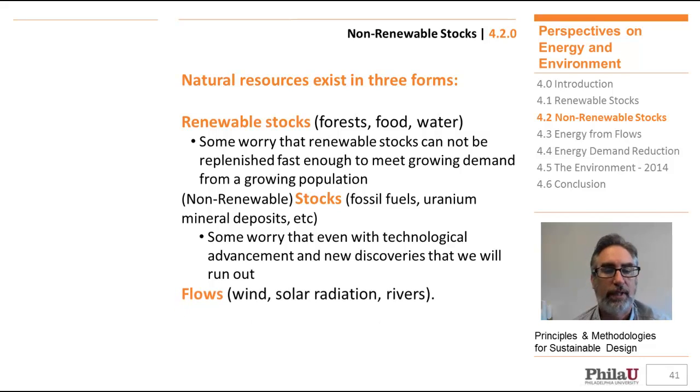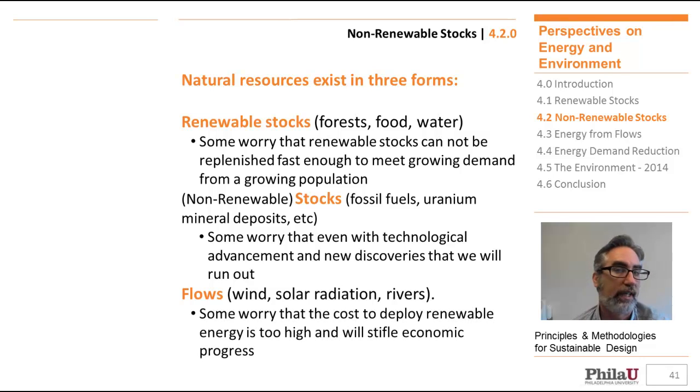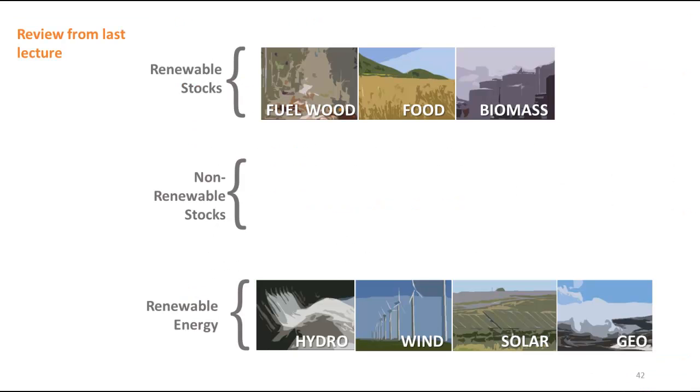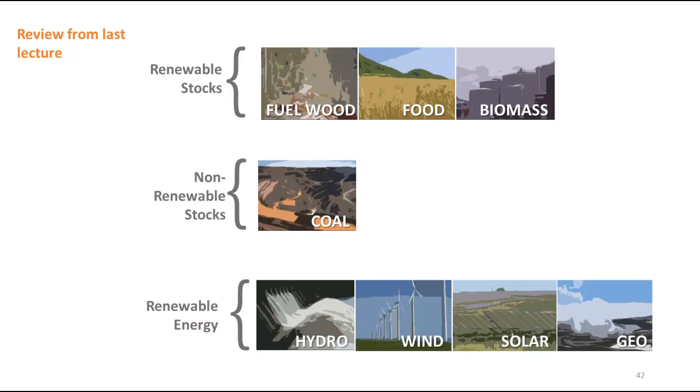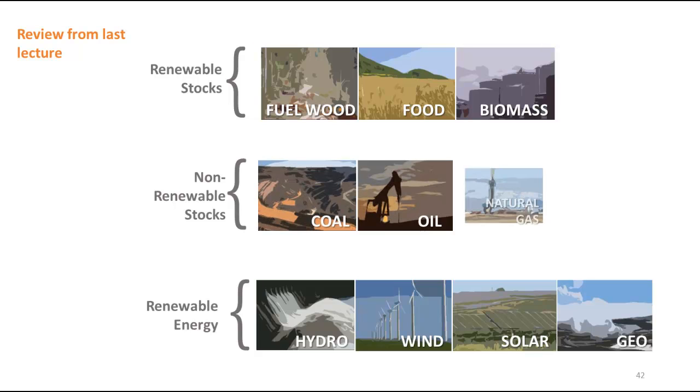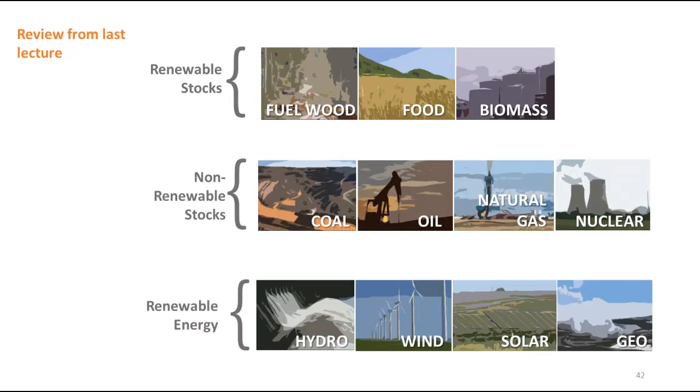And next lecture we're going to be looking at the flows of energy, wind, solar, radiation, etc., and some worry that the cost to deploy those types of energy is too high in today's market-driven economy. And specifically this week we're going to look at coal, oil, natural gas, and nuclear.